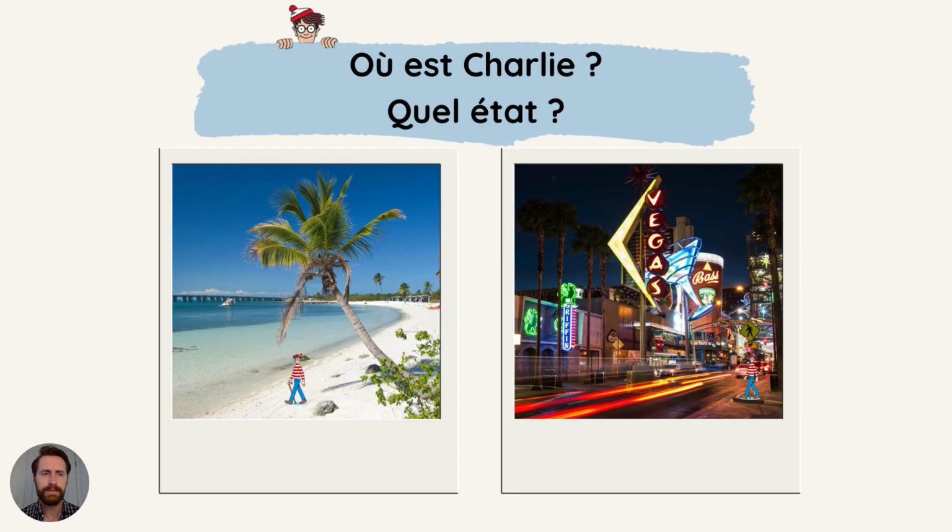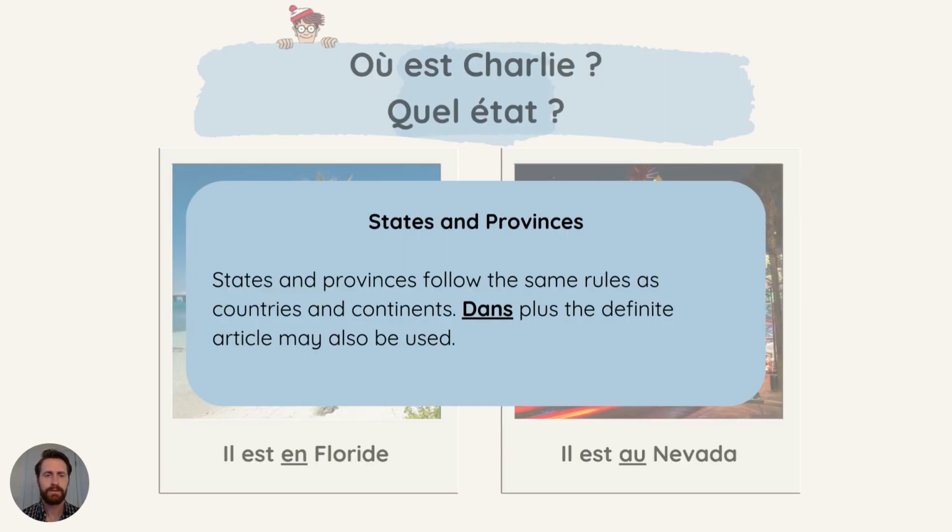Ensuite, où est Charlie? Quel état? So in which state is Waldo? Il est en Floride. Il est au Nevada. So here, states and provinces follow the same rules as countries and continents. However, for these states or provinces, you can also use dans plus the definite article.